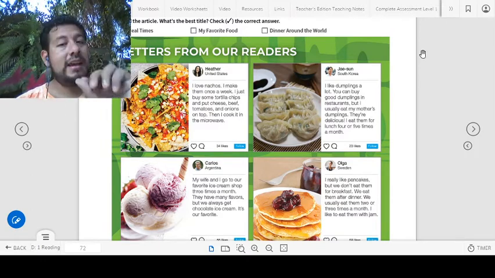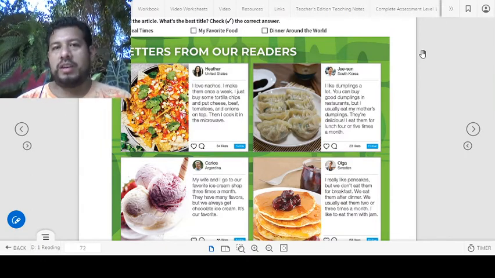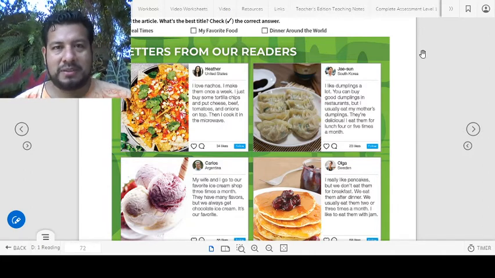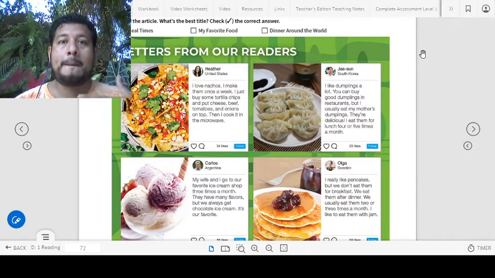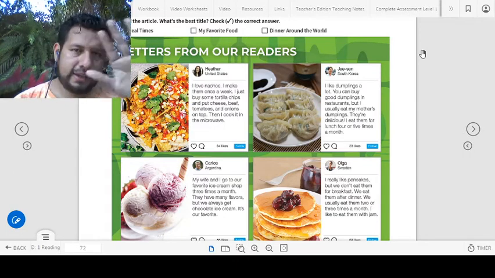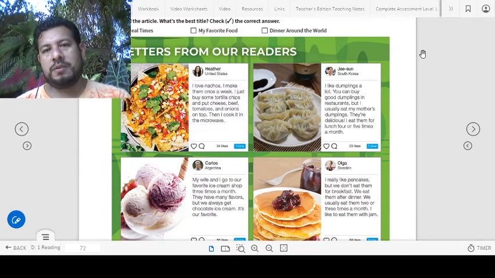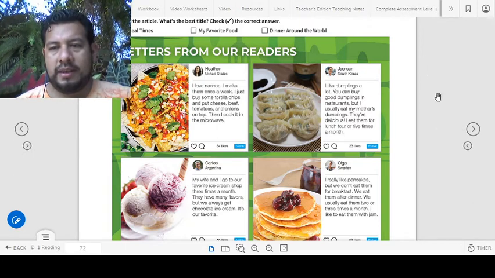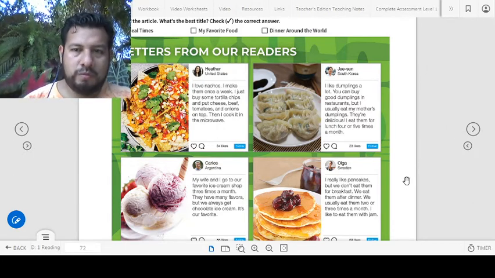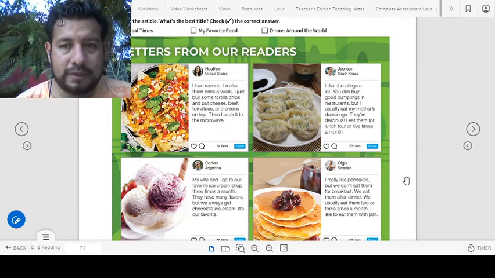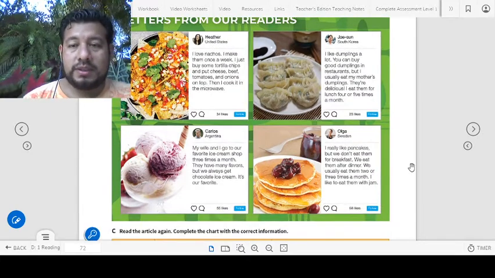Pero ¿qué pasa? El título diría Dinner Around the World. Y no solamente estamos hablando de dinner, hablamos de diferentes tipos de comida. Por lo tanto, el título adecuado sería My Favorite Food. A pesar de que es internacional esto, no nos estamos preocupando por esa parte, sino por cuál es tu comida favorita.